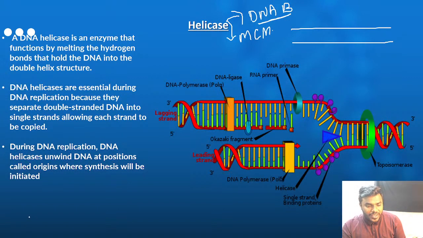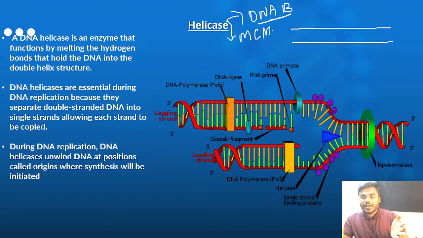Very simple. When it opens the double-stranded DNA, all of you listen to me. I'll explain once again in the upcoming slide. When two strands are opened, there is a chance that the two strands can rejoin, reanneal with each other. How can we break the strand? We just break the hydrogen bonds. Joining the hydrogen bond is not that difficult, right?